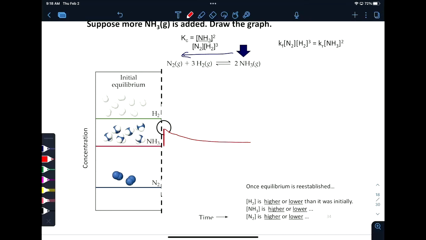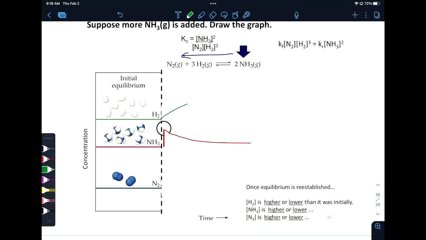So that's NH3. Then what happens to hydrogen and nitrogen? They go up, yes, because we're going in the reverse reaction. We're making more reactants here. So hydrogen concentration will go up with time, and then nitrogen concentration will go up with time. There we go, and there's our new equilibrium.